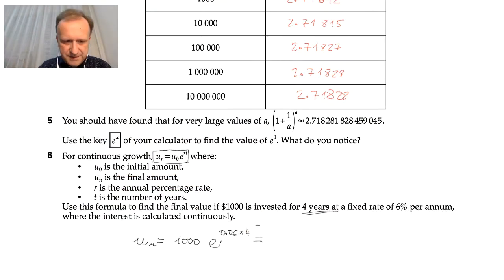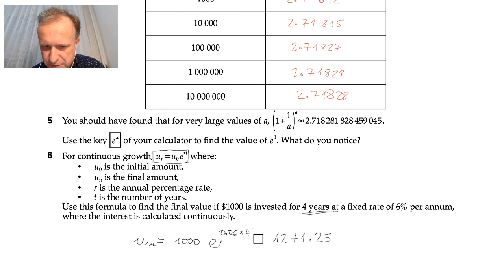And this should be equal to, and it says it's equal to $1,271.25. And again, instead of the equal sign, I should write approximately equal, because this is an irrational number and I can't express it completely precisely.